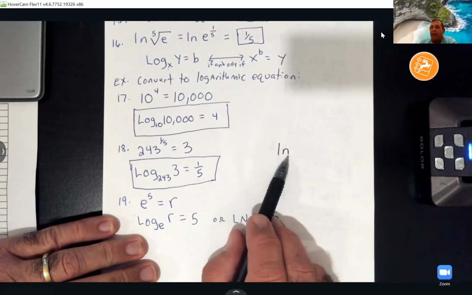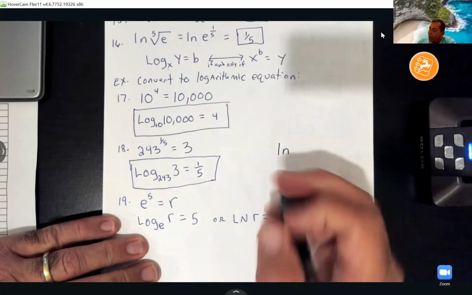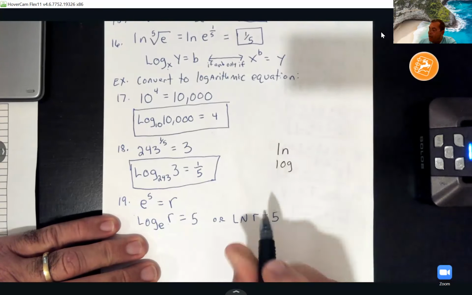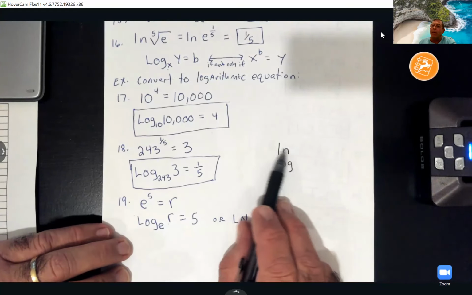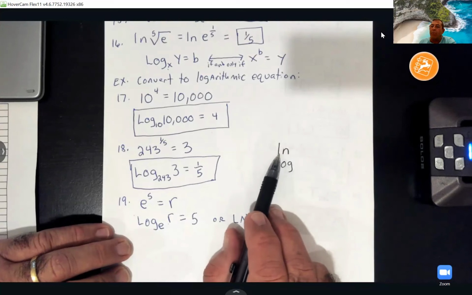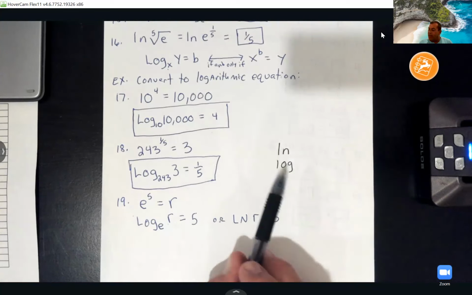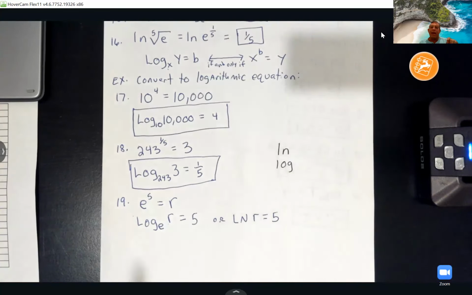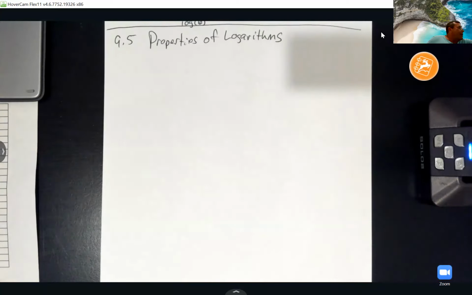When you punch the LN correctly, it'll make it dark and bold, okay? And when you punch in logs correctly, it'll make them dark and bold. If you don't get it to be bold and dark, then you probably put an I instead of an L. So remember, that's a small L, not a capital I. And y'all, that's the world of 9.4 for you.